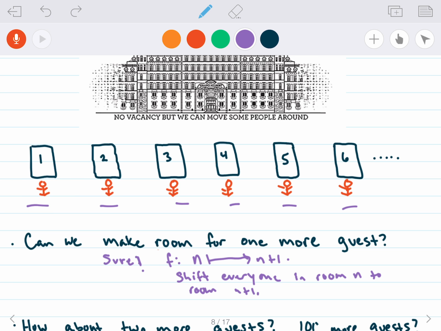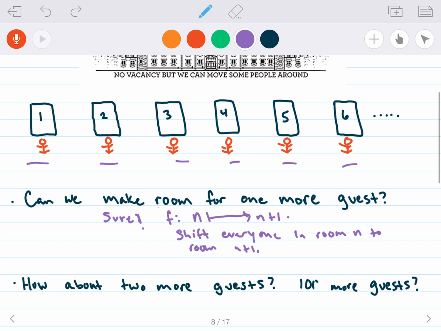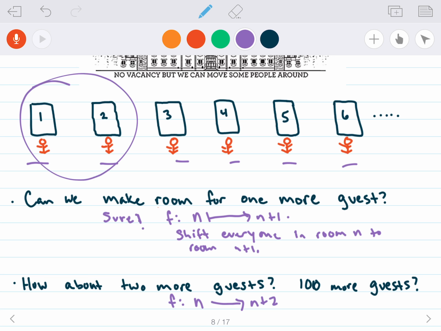Okay, so what if we have 2 more guests? What if we have 100 more guests? Well, the same trick works. If we have 2 more guests, we can just shift the guest in room N to room N plus 2, effectively making the first 2 rooms open for the next 2 guests that come. And same thing if 100 guests come.